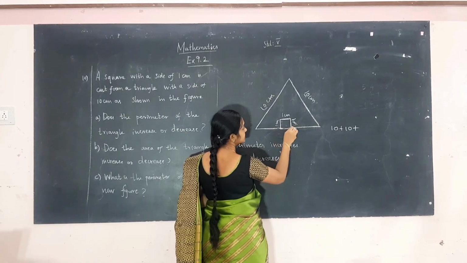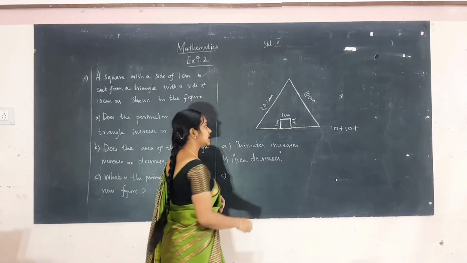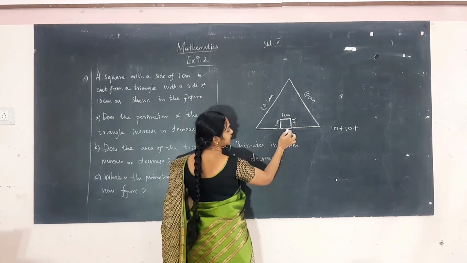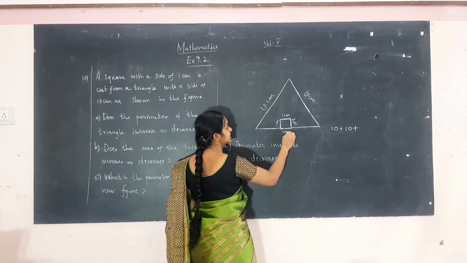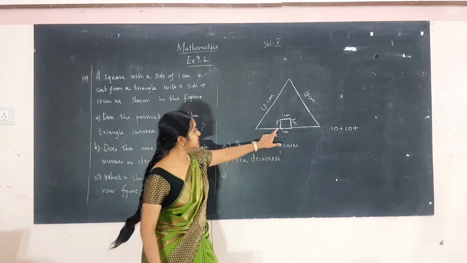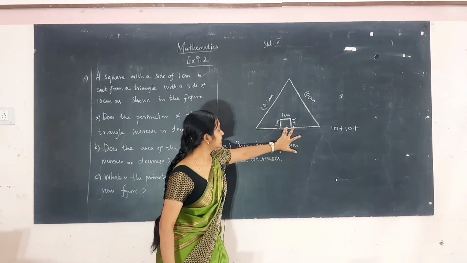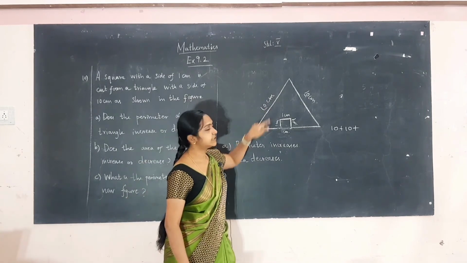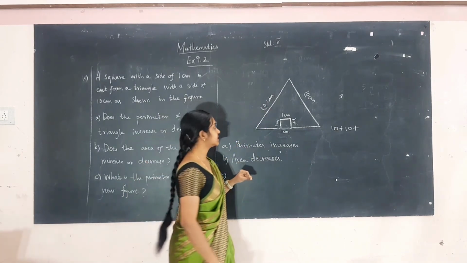Here this part is cut out, that is a square. This part is 1 centimeter. So, we have to reduce 1 centimeter from 10. 10 minus 1 is 9.